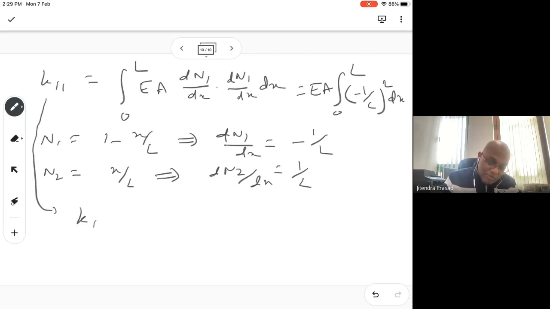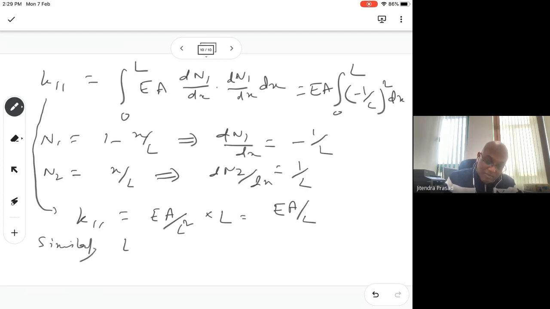So K11 is equal to EA over L squared multiplied by L, which is EA over L. Similarly, you can find K22 equal to the same thing, EA over L.